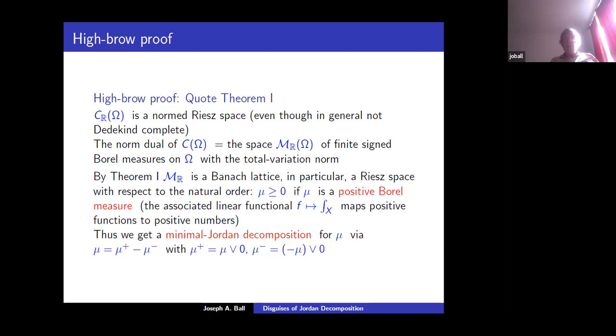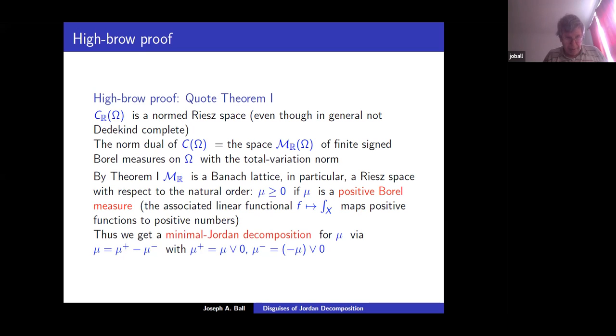So it's a soft proof of the Jordan decomposition theorem for a signed measure if you believe theorem 1. Inside theorem 1 is whatever you did in real analysis to get this result.